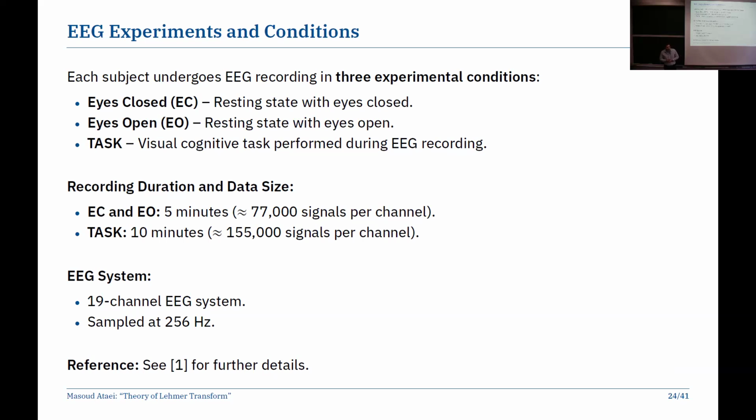For eyes closed and eyes open, we had experiments lasting 5 minutes containing 77,000 signals per channel. And for the task, the duration was 10 minutes, leading to 155,000 signals per channel. These are massive data sets that we are dealing with. We recorded these signals over 19 channels, which were sampled at 256 hertz.